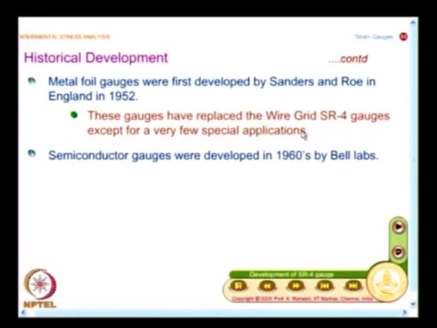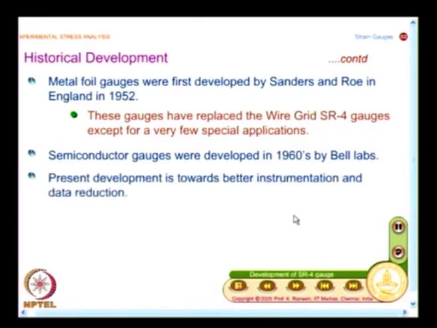There are many advantages. And after the development of metal foil gauges, the major development was semiconductor gauges. This was developed in the 1960s for very special applications. And if you look at the current focus, it is towards better instrumentation and data reduction.